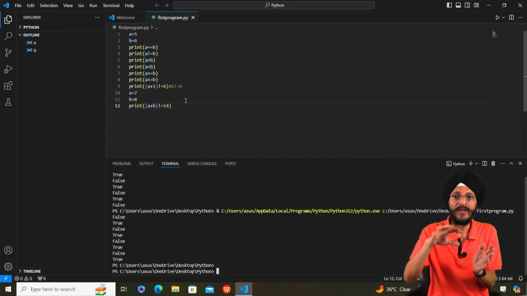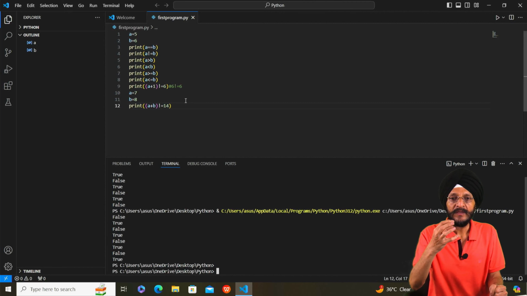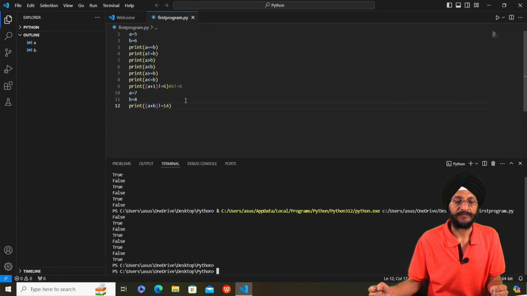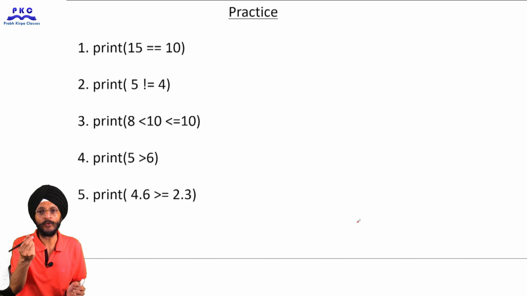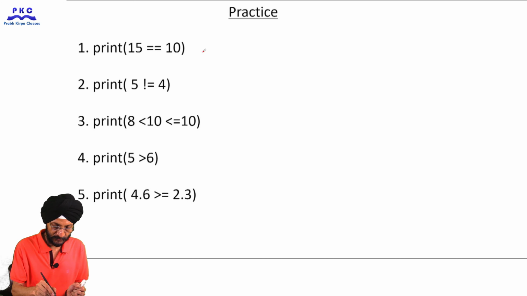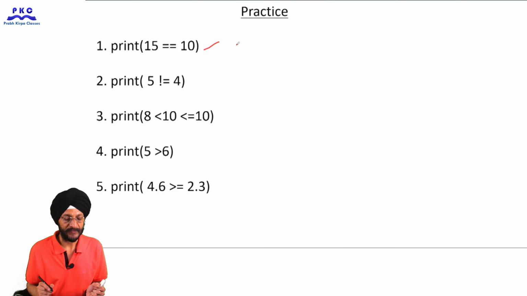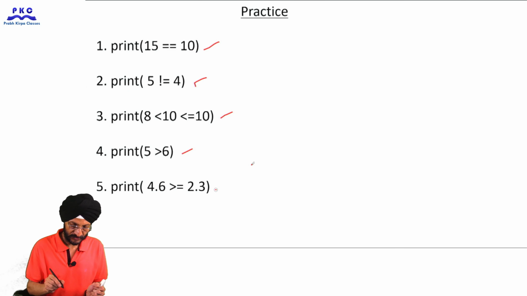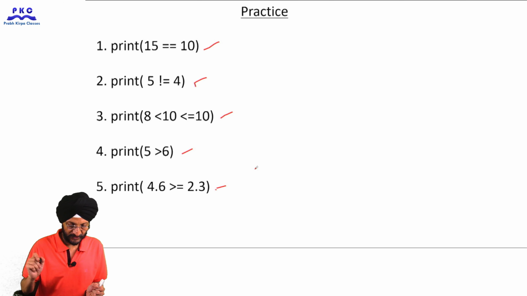You have understood how the Python interpreter interprets these comparison operators. Here are some practice questions for you to solve. First is print 15 equals 10, and then there are other questions. You may do it yourself. However, we will also be solving it so that there is no confusion.